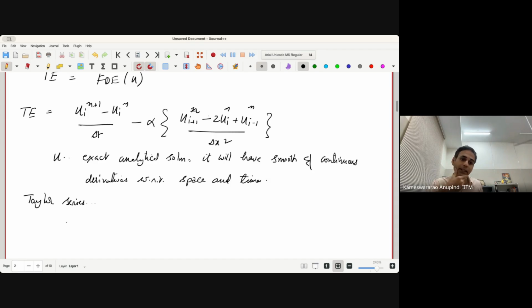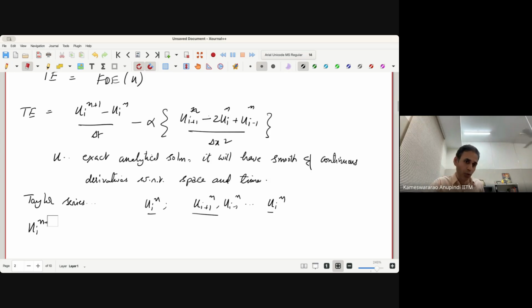I'm going to invoke Taylor series for each of these terms: write u_i^(n+1) in terms of u_i^n, and similarly invoke Taylor series for u_(i+1)^n and u_(i-1)^n, and write them in terms of u_i^n, so that the entire equation is in terms of u_i^n and its derivatives at the ith point at the nth time level.